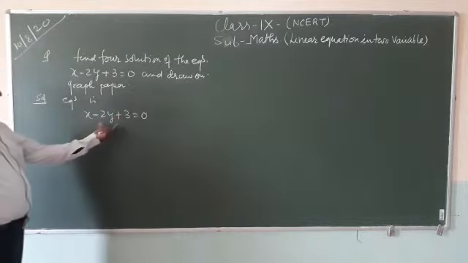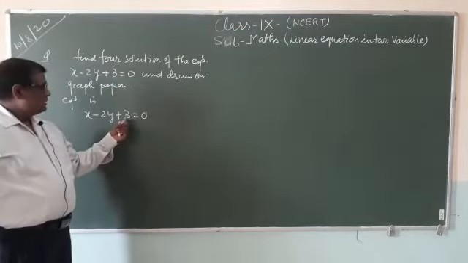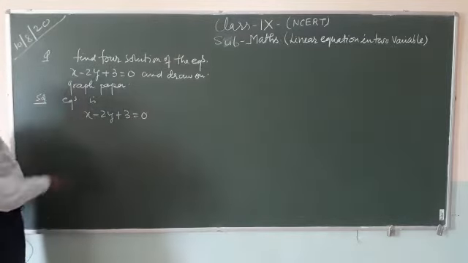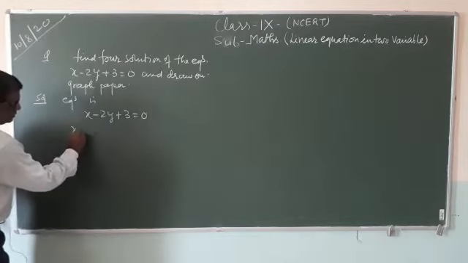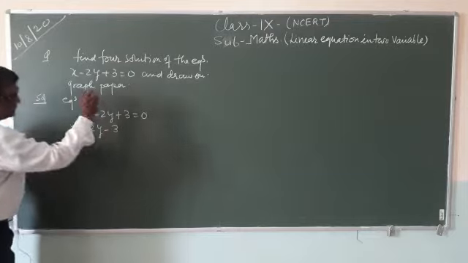Now transfer 2y and 3 to the RHS, so x is equal to 2y minus 3.